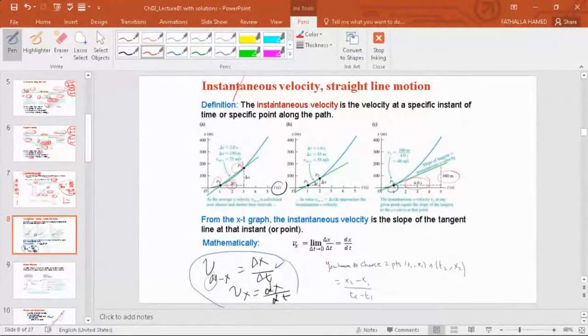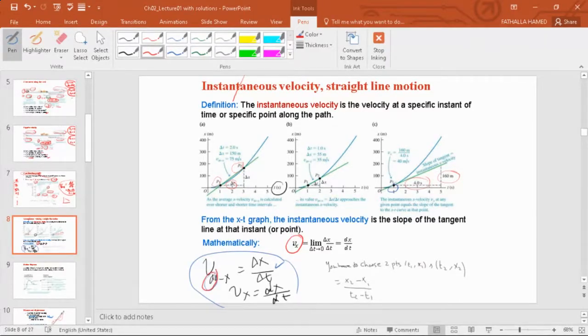And graphically, what it means is that you pick the point that you want and draw a line tangent to it, and you take the slope of that tangent, and that will be your instantaneous velocity at that point.